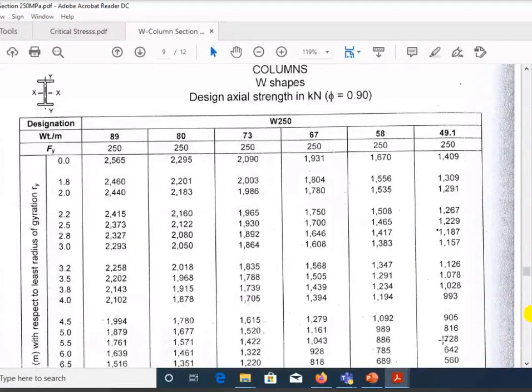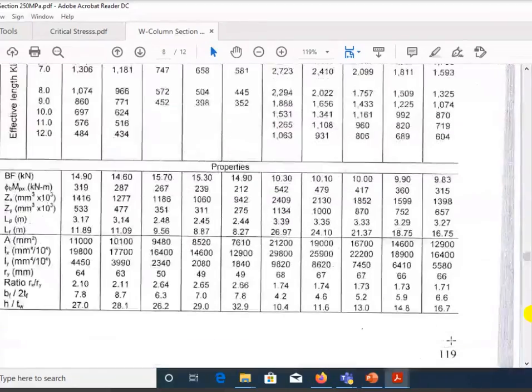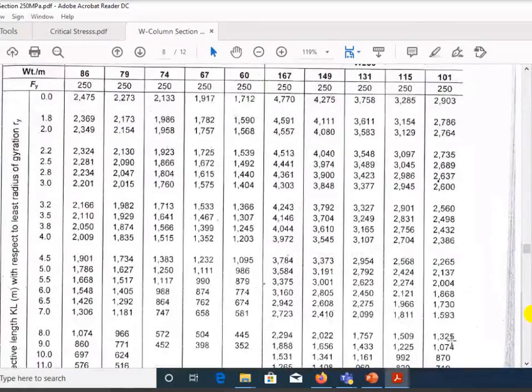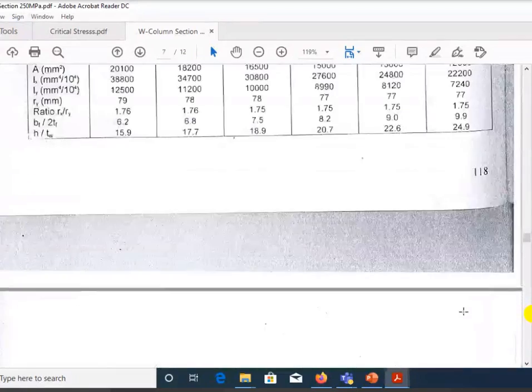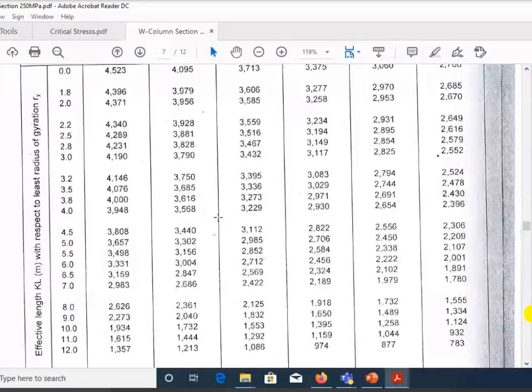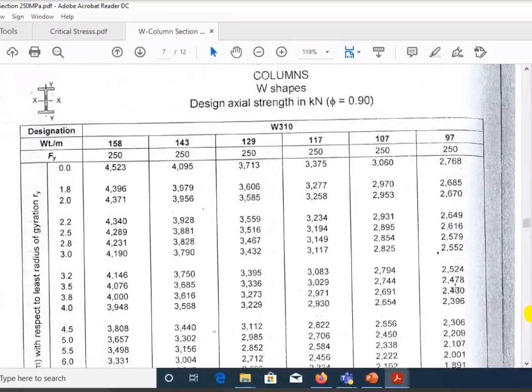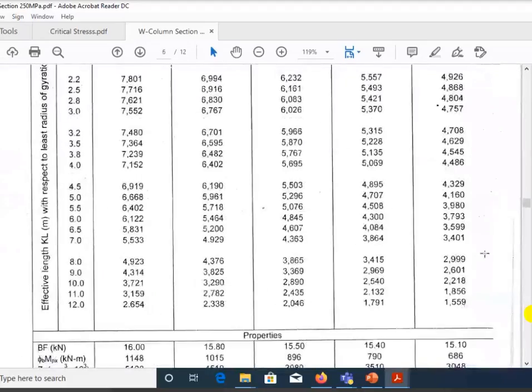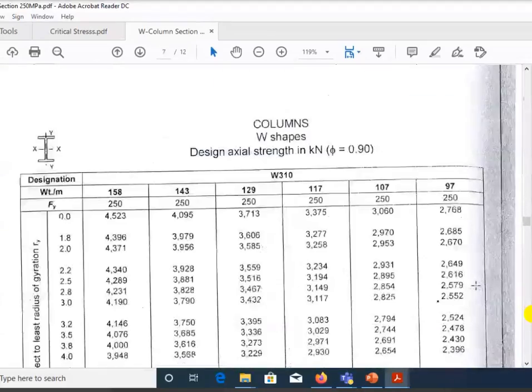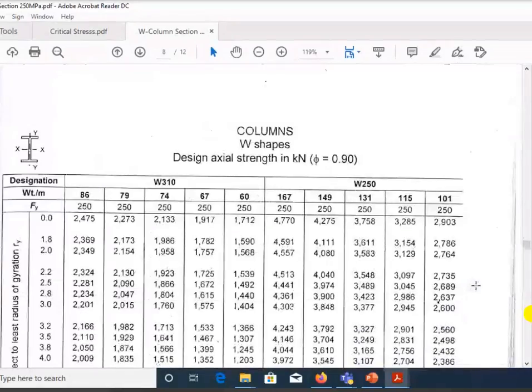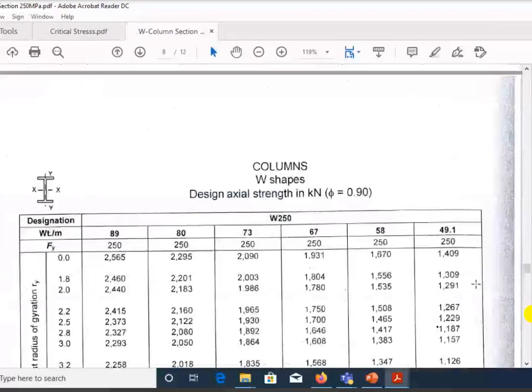So let's check whether any lighter section is available on the other pages. No, they are quite heavy. Similarly, other pages are very heavy. Capacity is maybe twice more than the requirement. So my first trial section will be W250 at 49.1.